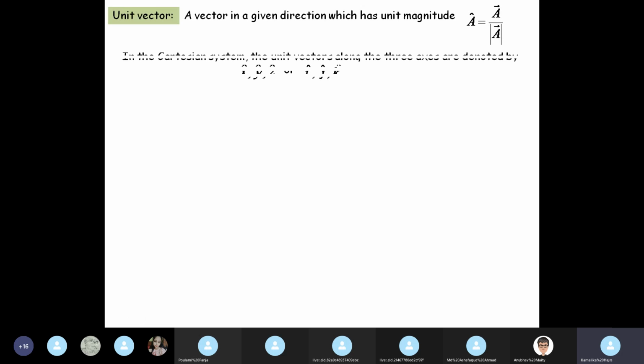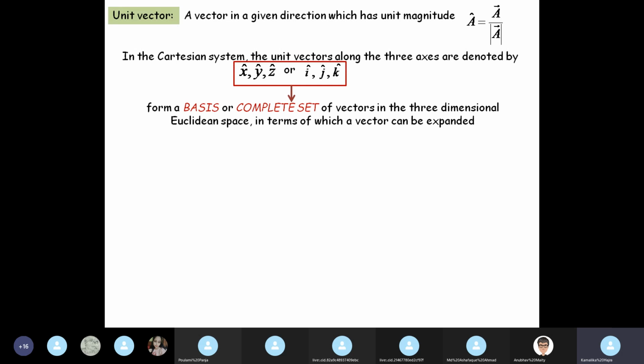In the Cartesian system, the unit vectors along the three axes are denoted by x cap, y cap, z cap, or more popularly i cap, j cap, k cap. The most important thing to remember is that these three unit vectors form a basis, or a complete set of vectors, in the three-dimensional Euclidean space, because you can express any given vector in terms of these unit vectors.